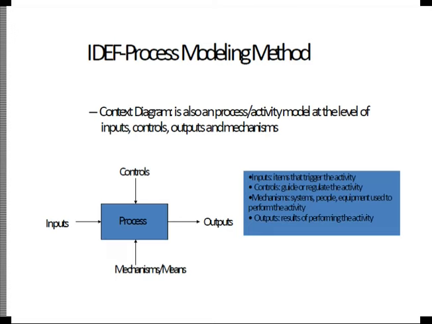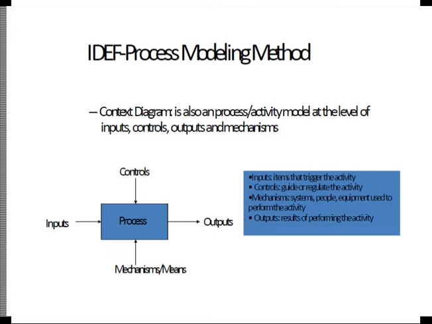Rules, specifications, notifications, stuff like that, that tell people how to act, how to fulfill an activity, is looked upon as a control. It controls the way the process is being done.